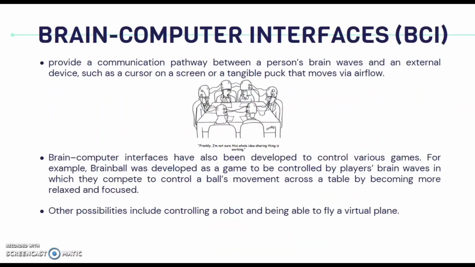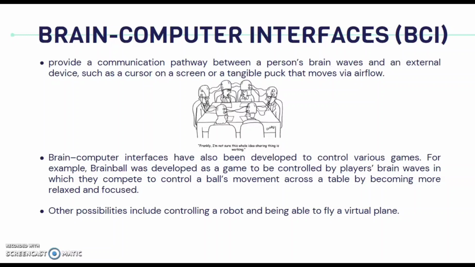Brain-computer interface, or BCI, provides a communication pathway between a person's brain waves and an external device such as a cursor or screen, a tangible pump, and movement via airflow. Brain-computer interfaces have also been developed to control various games.